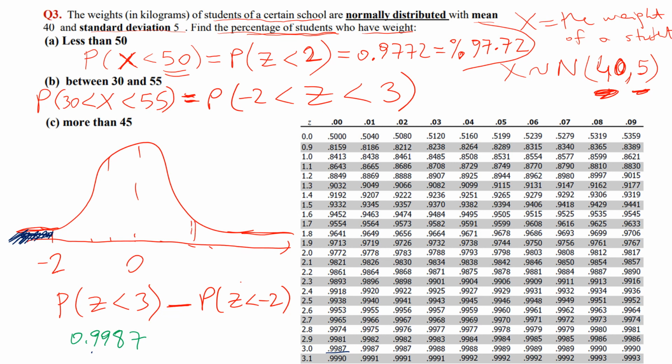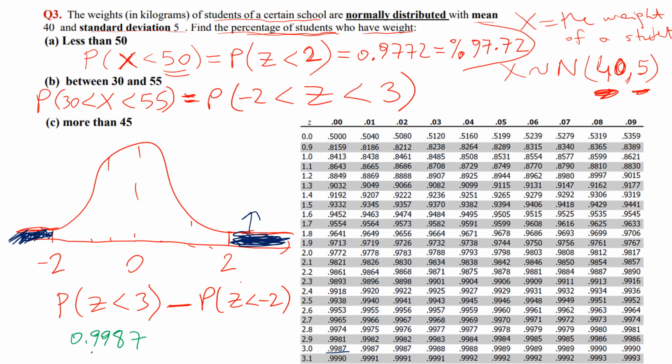Its symmetry will be 2 here. As you see, this navy blue part is equal to that part here. So how can I find this part?